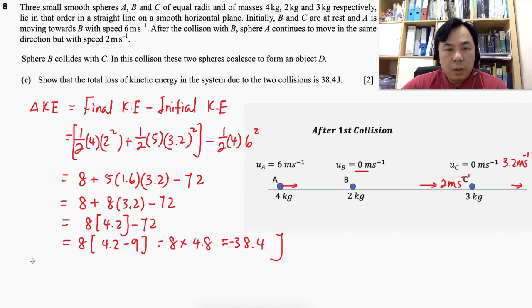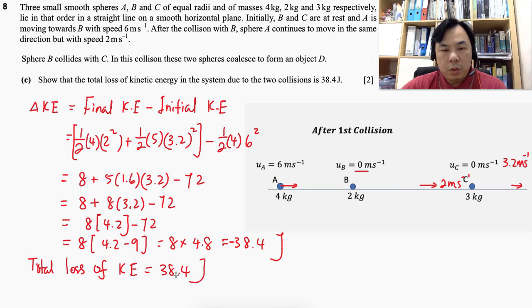Therefore, we will say that the total loss of kinetic energy is equal to 38.4 joule there. So the negative actually shows us that there is a loss of kinetic energy due to the collisions. So I hope this is clear.